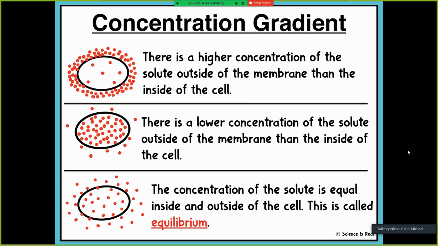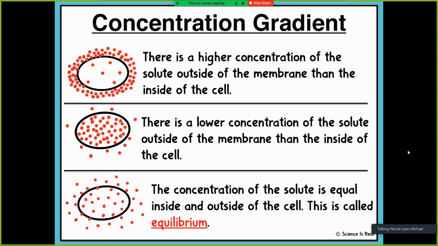Now, looking at the concentration gradient, there are 3 possibilities. There can either be a higher concentration in the extracellular area than in the intracellular area. So maybe there's a higher concentration outside than inside. We see that in the first diagram. Second diagram, we see a lower concentration outside of the cell membrane than inside of the cell membrane.